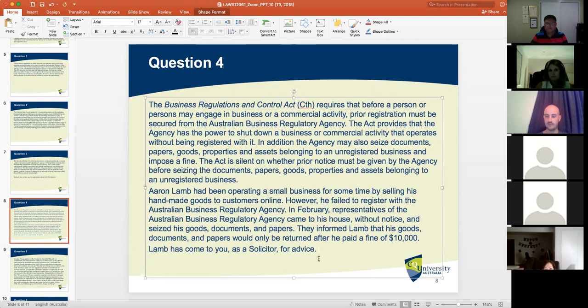That's right, to do whatever they want. And so there's a common law right to property. They can't just come in and take your stuff. Very good. So, yeah, you would apply for judicial review based on those grounds.